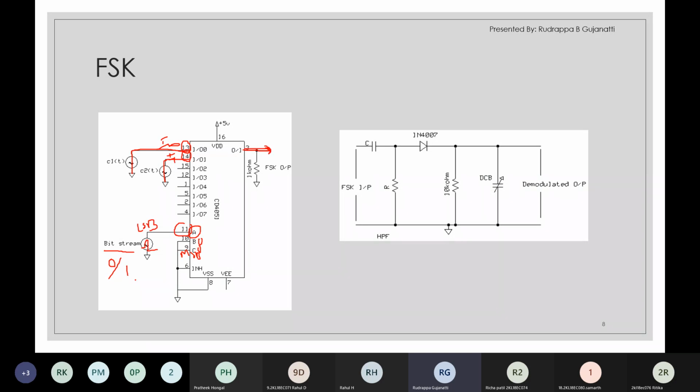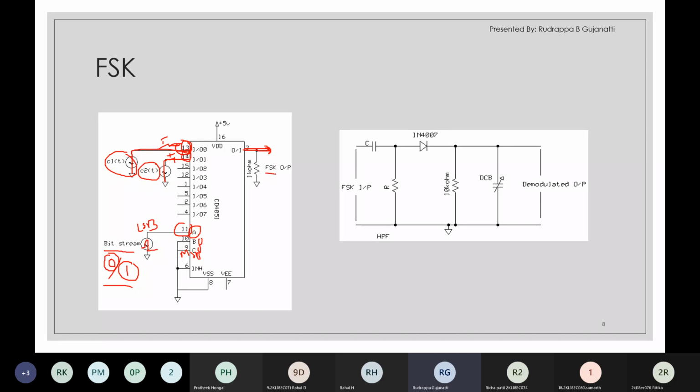So in this way, we check whether the data is 0 or 1, and then send the high frequency signal or the low frequency signal. If bit 0 is there, we are sending the low frequency signal, so we connect a low frequency signal to pin number 13. And if data is 1, we send a high frequency signal, so we connect a high frequency signal to pin number 14.